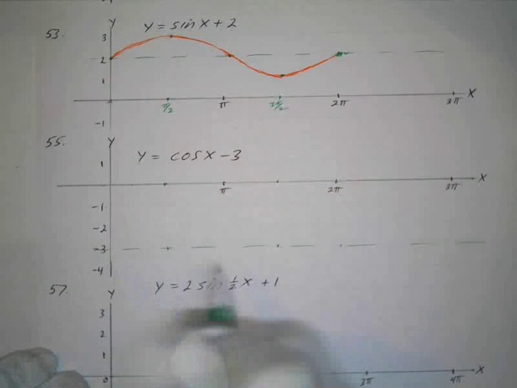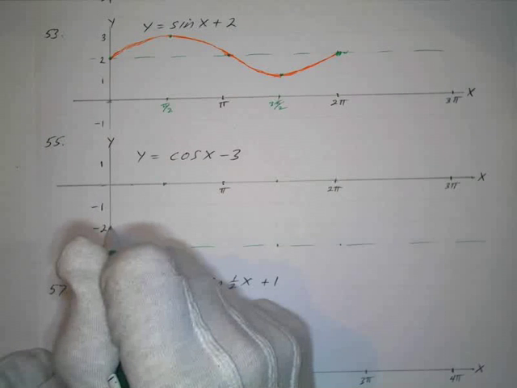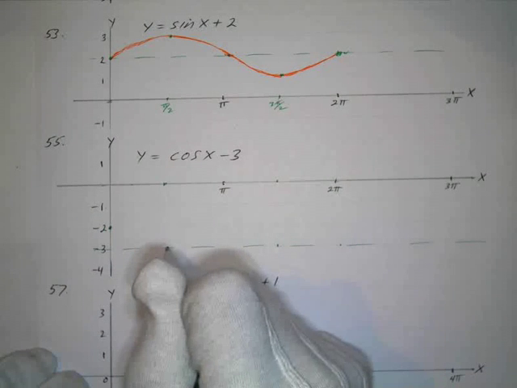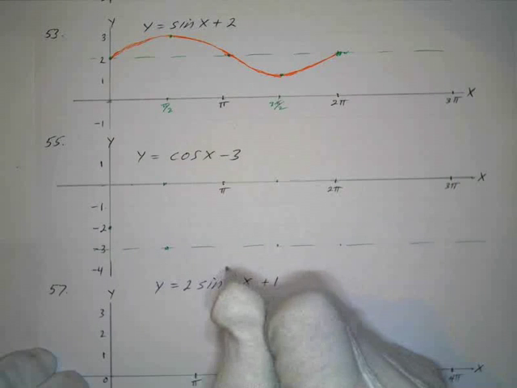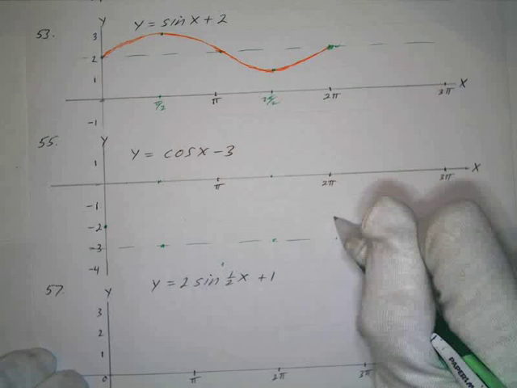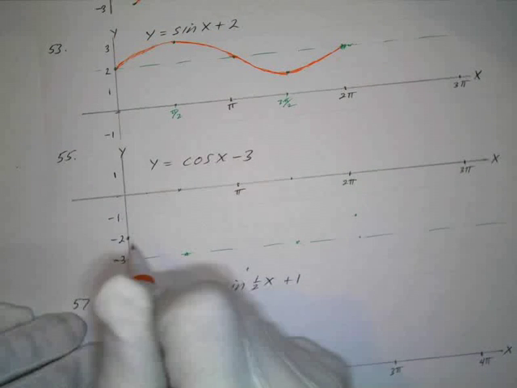And then again, remember the cosine starts at 1. And this is going to be my starting point, so that 1 from here would be here, up 1. Then down to 0. Then down 1 here, then back to 0, and then back up 1 at 2 pi. And so there's our cosine, but shifted down 3.